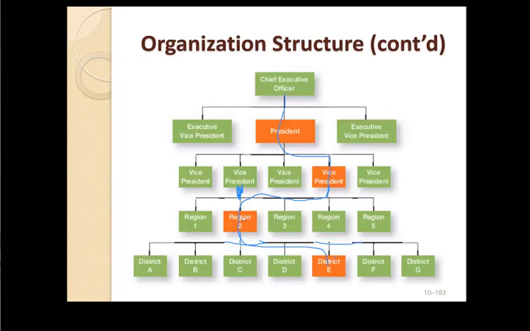Because there will be two persons who can give orders to this person, and if there are conflicts between the two persons here, two vice presidents, it's very difficult for the one in this position to make a decision.